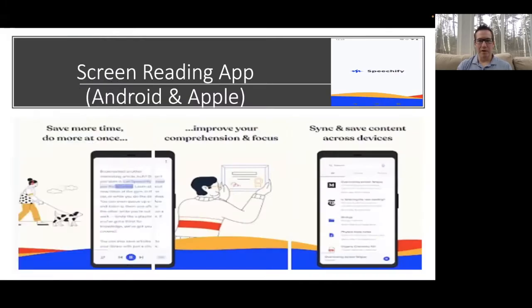And now this is one that's available for Android and iPhone. It's called Speechify. This is a really in-depth program. So if you're somebody that's going to use a screen reader a lot, you can take pictures of a textbook, and even if you had a paperback version of something, you can take pictures of the pages and it'll put it on your phone, and then you can have it read to you.